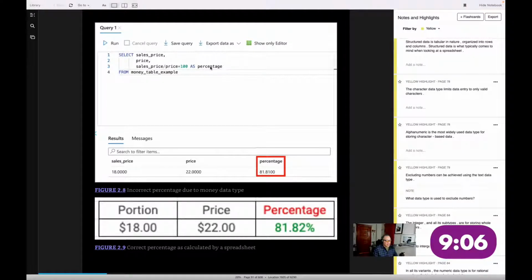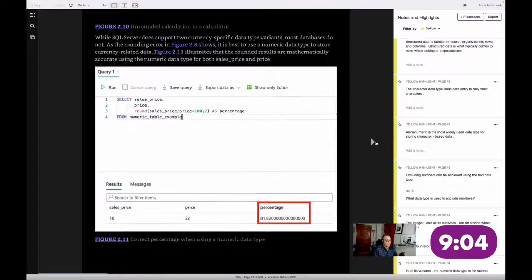And then he has this. In the next one, it said sales price still, but he has round this, which, first of all, we didn't have before. If you just block that whole thing, we just had sales price as a percentage, and he said rounded, and in doing so, pulled it from the numeric table, and that's how he got the 82. Okay, I got it.